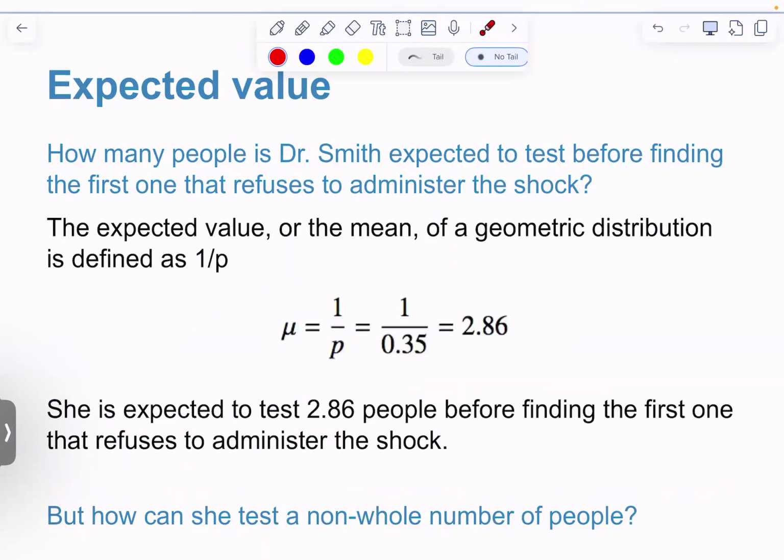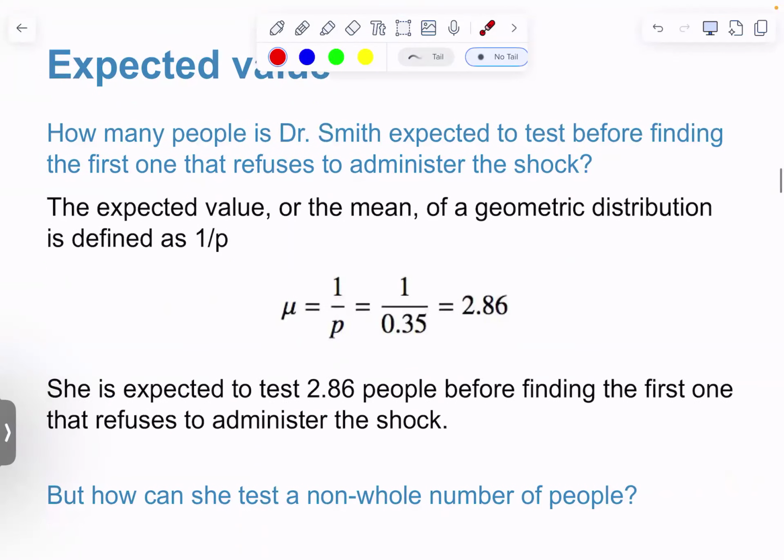How many people is Dr. Smith expected to test before finding the first one that refuses to administer the shock? The expected value, we've seen the expected value before, it's the mean. And the mean of a geometric distribution, just as a fact, is 1 over p. And so 1 over p in this case is 1 over 0.35, which is 2.86.